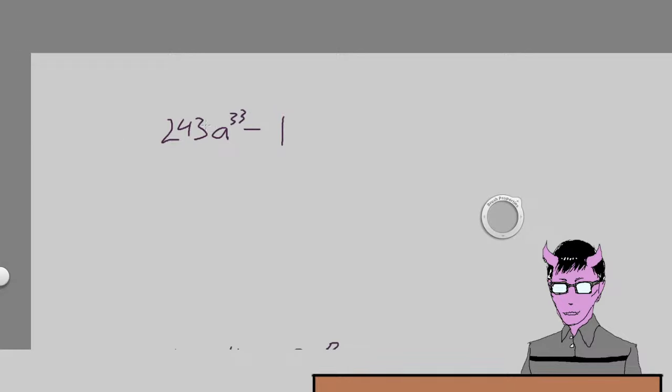So what is this? This one, it's probably a perfect cube. This is definitely a perfect cube, because for the cubic root, you divide the exponents by 3, you get whole number exponents, so perfect cube. And 1 is a perfect cube, so probably a difference of two cubes.